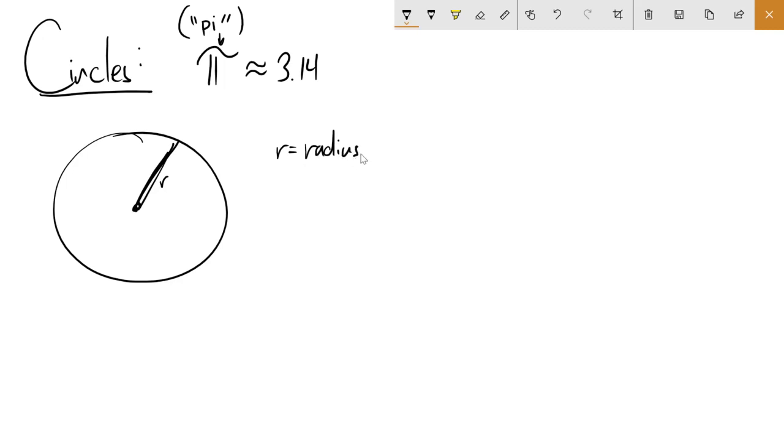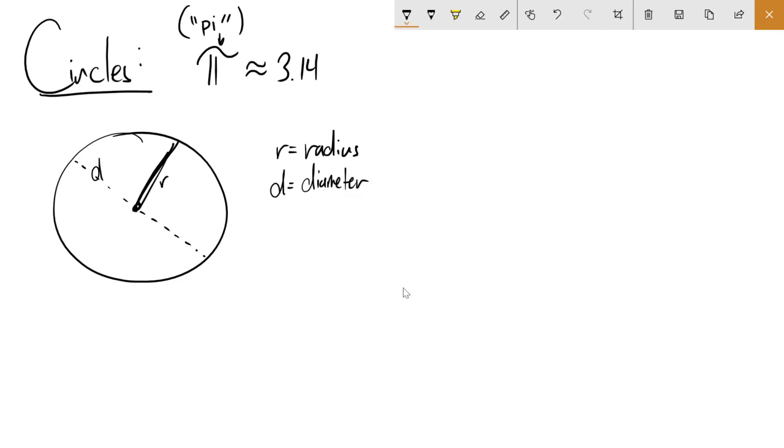In a circle, the radius is the distance from the inside of the circle to the outside. Okay, that's the radius. And then you have the whole width across, and that we usually call d, and we call it that because it's what's called a diameter of a circle.